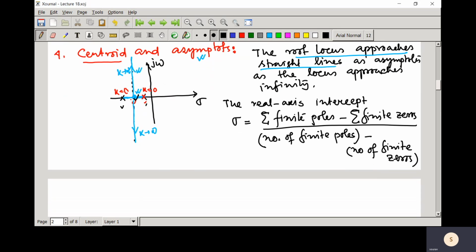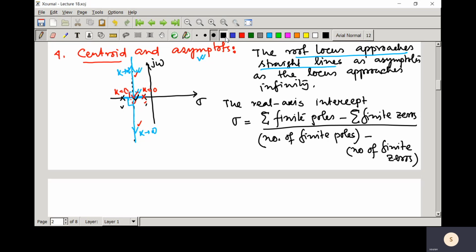And what is the angle of the asymptotes? For this particular example, you can see that those angles are 90 degrees or 270 degrees, whichever you prefer. Because if we get this particular point, and if we know the angle, then we can easily draw the asymptotes.